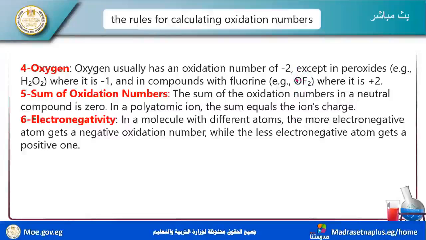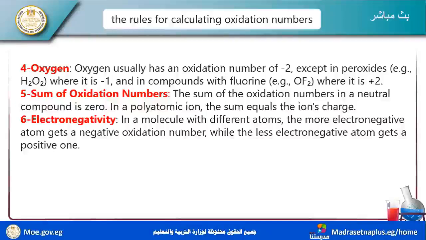This is unexpected, where it is positive 2. The sum of the oxidation numbers in a neutral compound is 0. Then polyatomic ions, like SO4 negative 2, NO3 negative 1, PO4 negative 3.